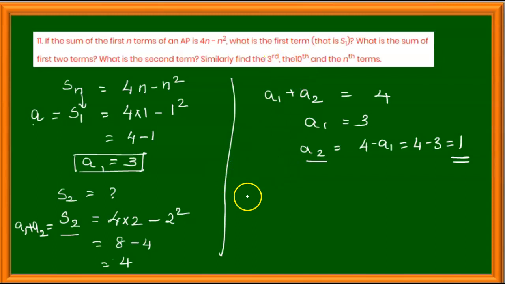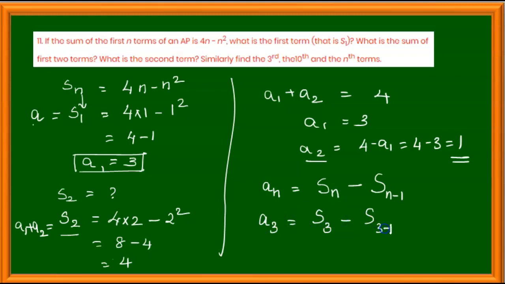Similarly, find the third term and the 10th term. Remember one more formula I am giving you. We want to find an here. This is the formula: an can be written as the sum of n terms minus the sum of n minus 1 terms. So A3 is equal to S3 minus S2. S3, how can we calculate? Simply change n to 3.